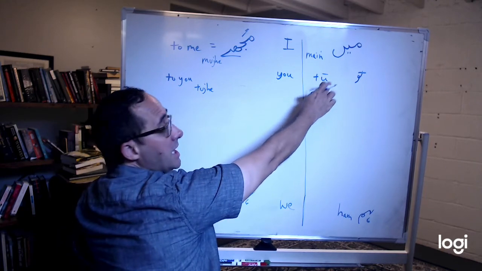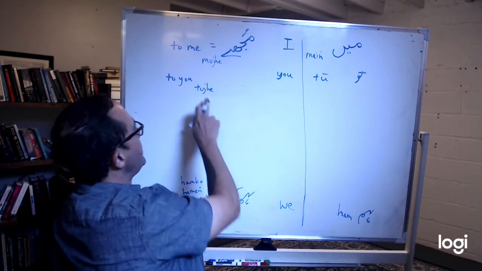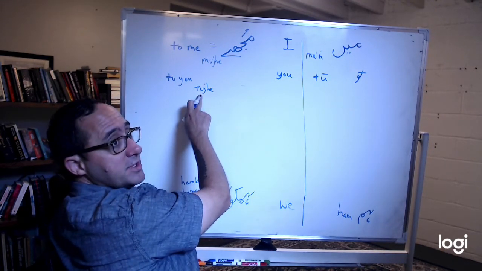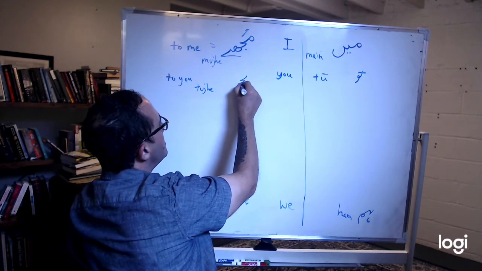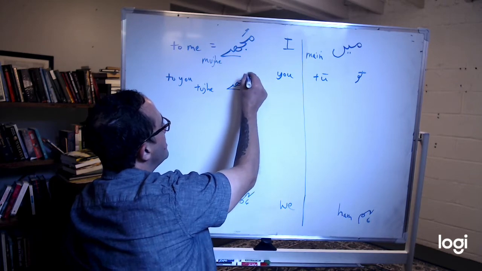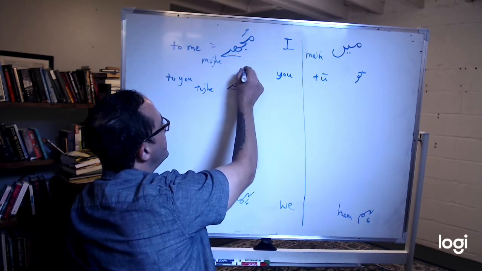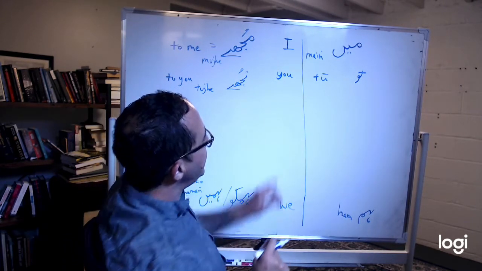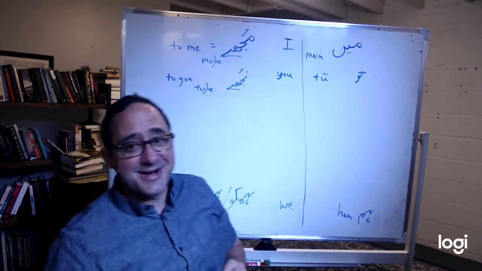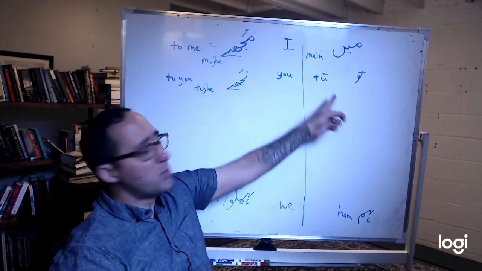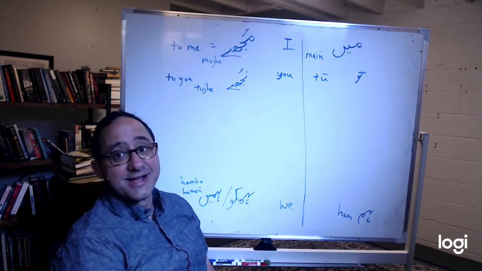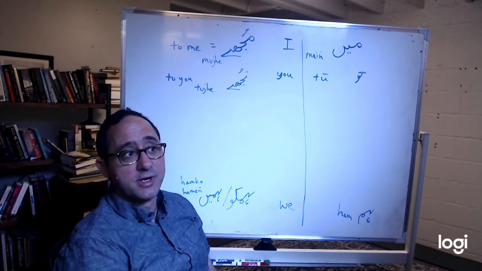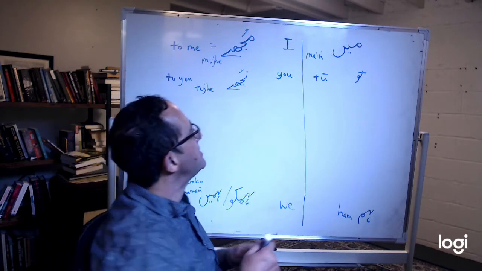Notice I put a line above if it's a long u, and I don't put one if it's a short vowel. Tujhe is one that you will never use as a non-native speaker, because it's really complicated to use this word, and it's the most impolite.